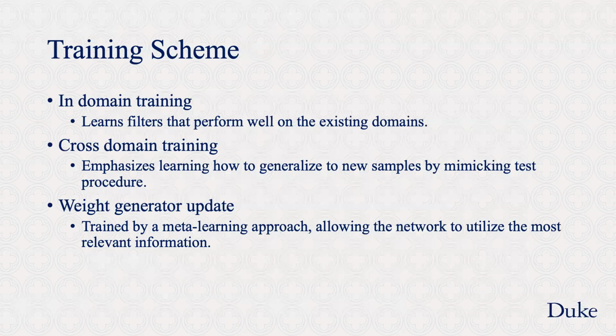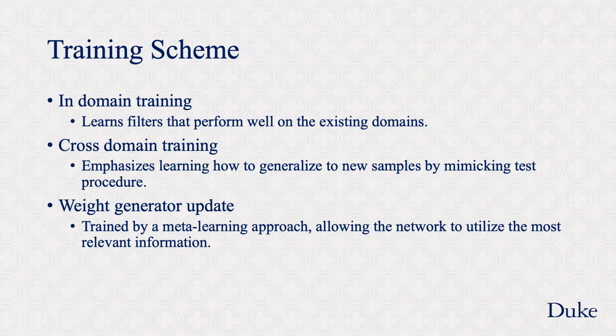The goal guiding the training process is to perform well on an unseen test sample without further model parameter updates. This first requires that the shared and domain-specific filter groups perform well on the known source samples. Furthermore, the weight generator should assign filter weights for each data point to enhance generalization.